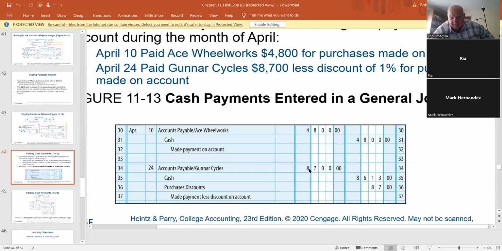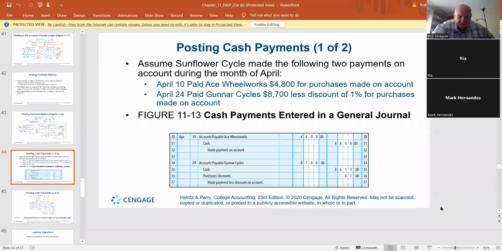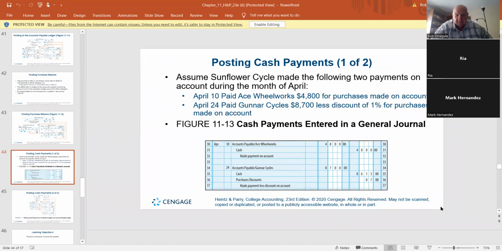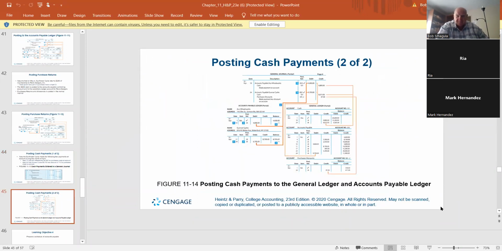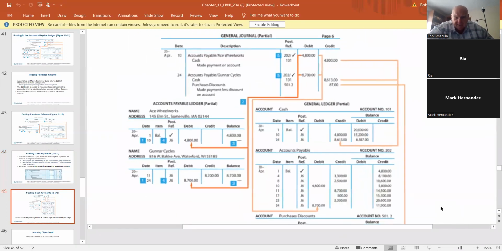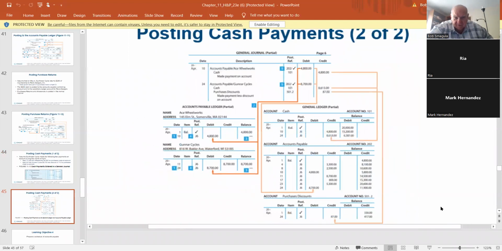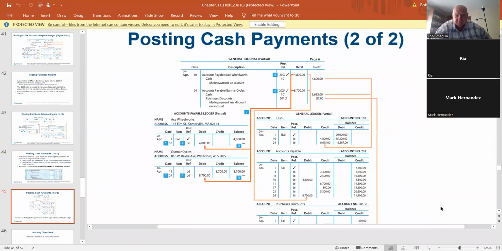So we get the debit or zero out accounts payable, 8,700. The discount is $87, which means the cash outlay is $8,613. And again, they're showing you the posting to the various ledgers.